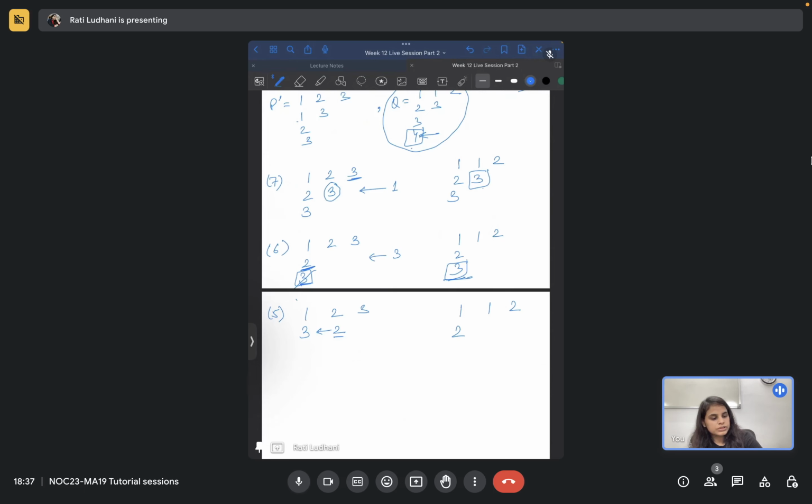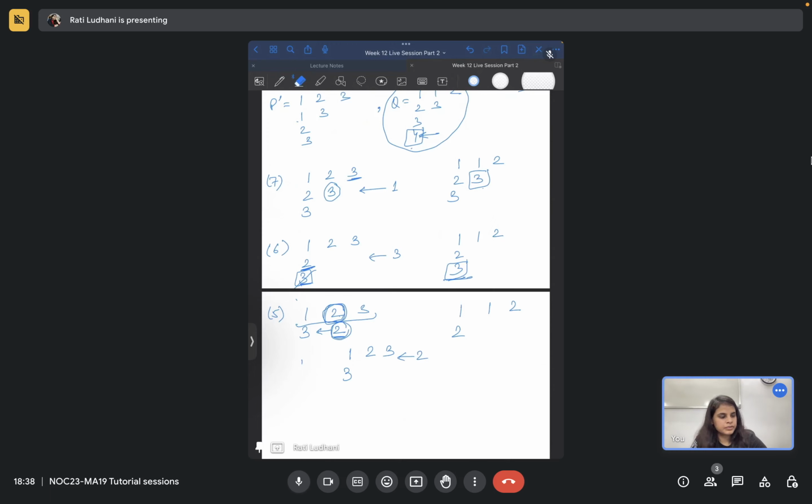Now this 2, from the first row 2 will be replaced by, we will look for a such that a is less than or equal to 2. So the highest number with such property is 2. So what we must be having is 1 2 3 3, and 2 must be inserted, right?